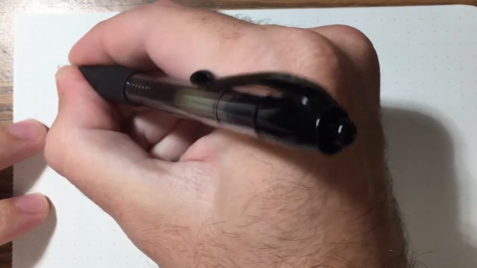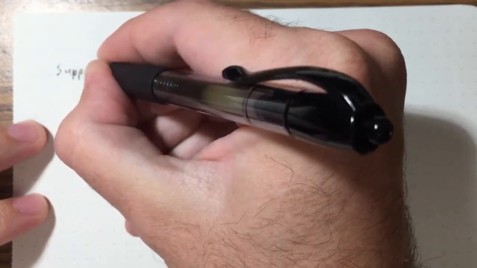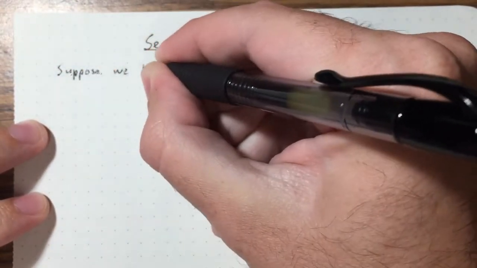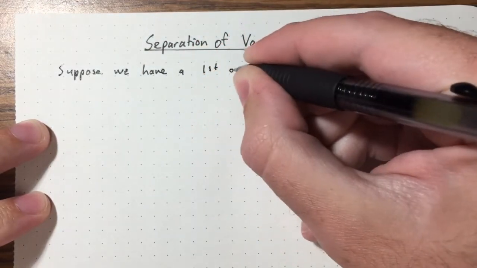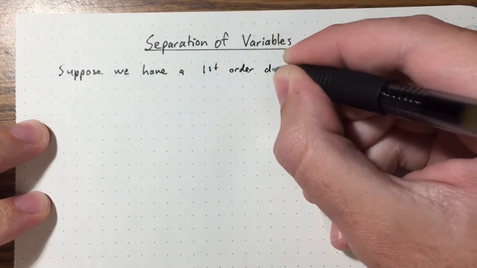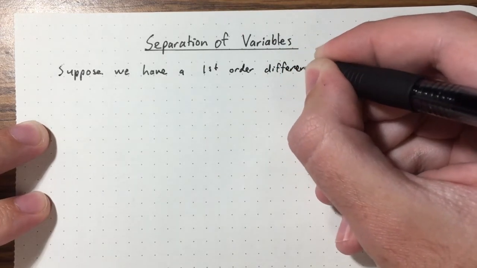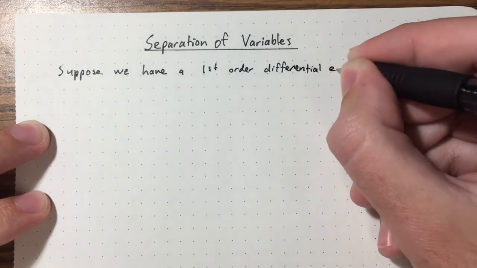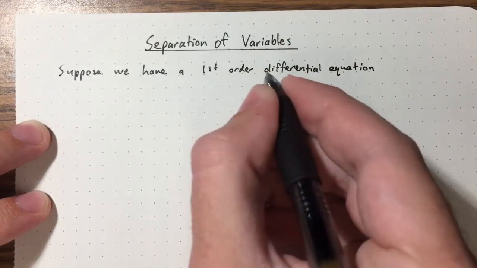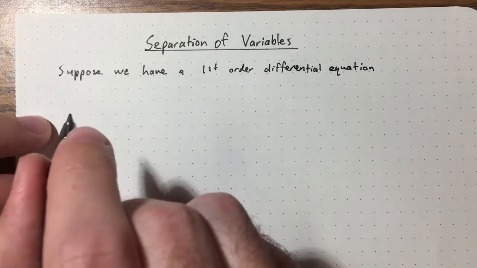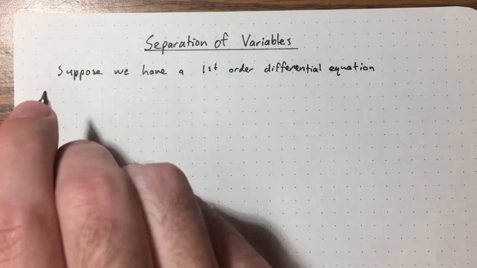So suppose we have a differential equation. Suppose we have a first-order differential equation. Recall that first order means that the highest derivative that appears in the differential equation is a first derivative.